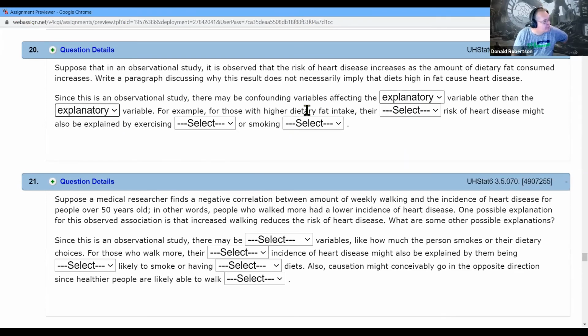For example, for those who take a lot of fat, their higher risk of heart disease might also be explained by the fact that they do less exercise, or they might be smoking more.